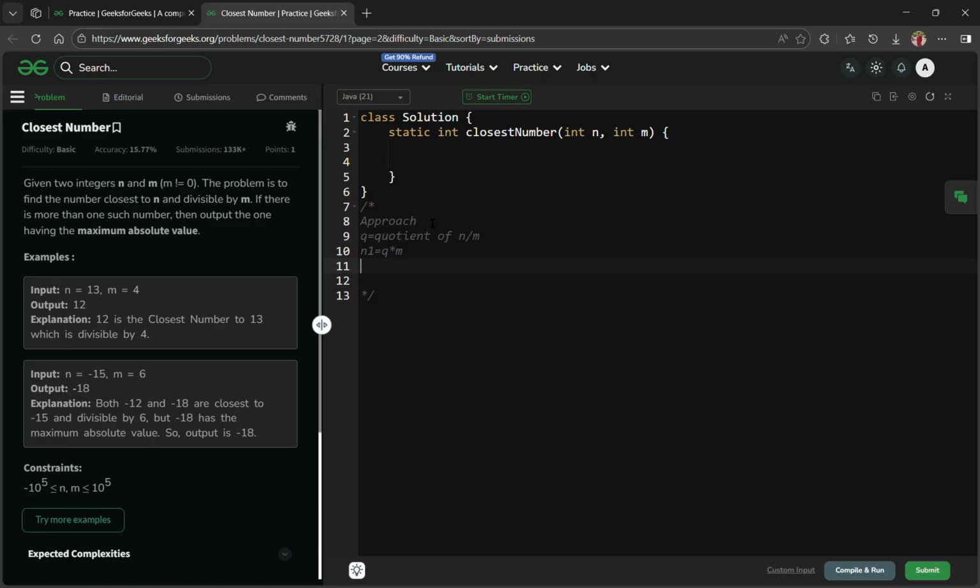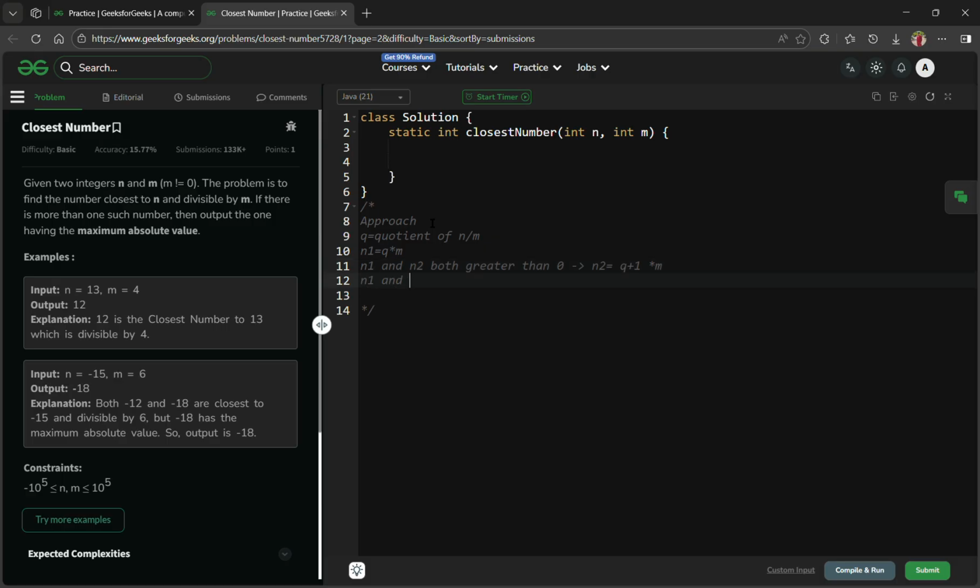And if both numbers, n1 and n2, are greater than 0, then we will find the second number n2 as our quotient plus 1 into the same divisor.